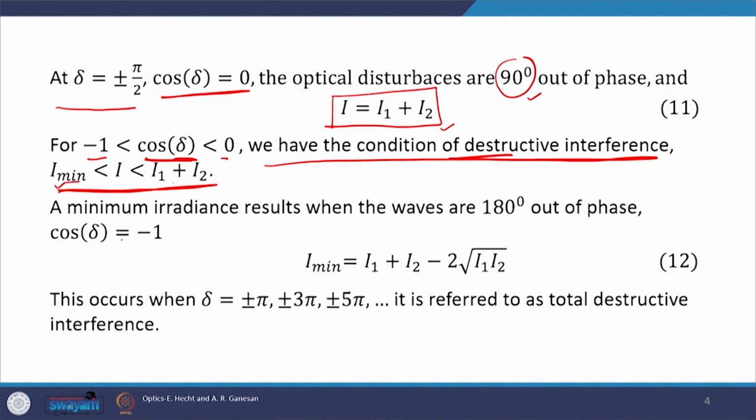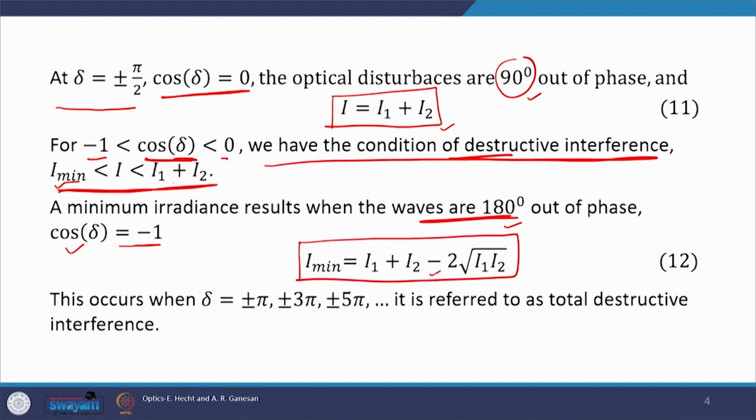Now, to calculate the minimum irradiance, the two waves must be out of phase by 180 degrees. And if they are out of phase by 180 degrees, then cos del would be equal to minus 1, and then the expression of I min would be I 1 plus I 2 minus twice the square root of I 1 I 2.